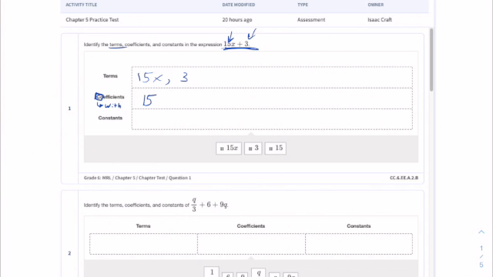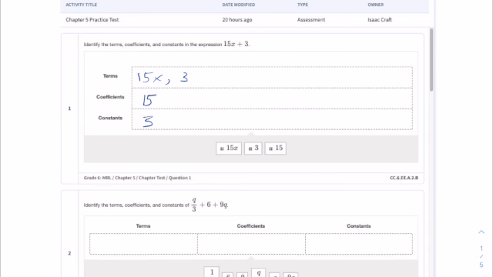And constants are numbers that stay the same. They don't have a variable with them. The word variable comes from the word vary, which means change, and so constant is the opposite of varying. It's the one that doesn't have a variable. So that's 3. All right, so that's number 1.